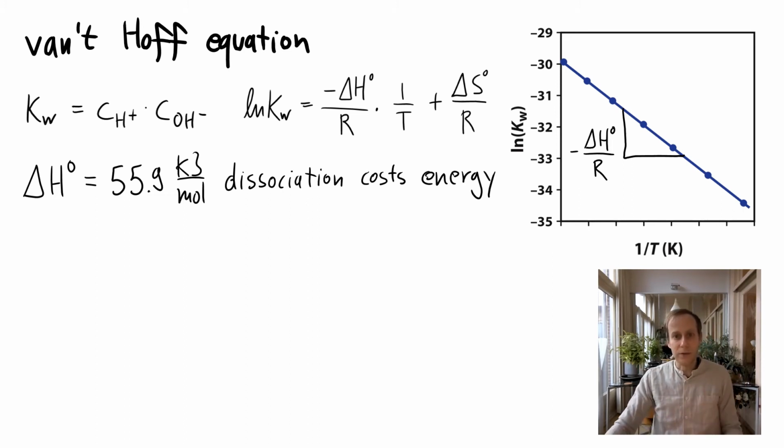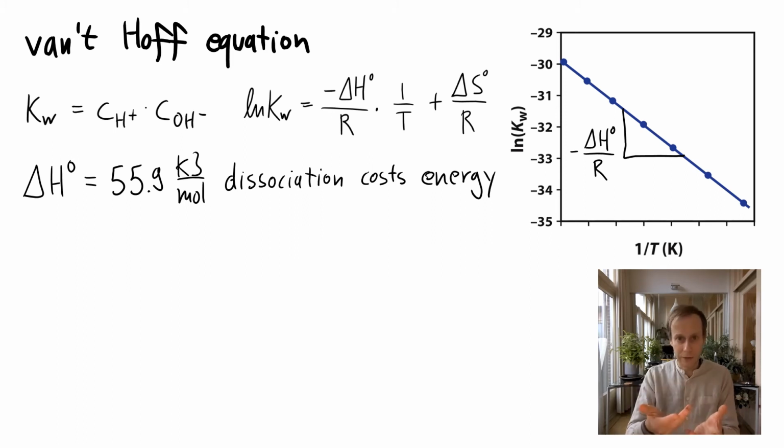Now, as you saw here, the dissociation constant of water depends on the temperature. And it's actually that due to the positive enthalpy of the dissociation, with increasing temperature, you will have more dissociation. Because dissociation costs energy.